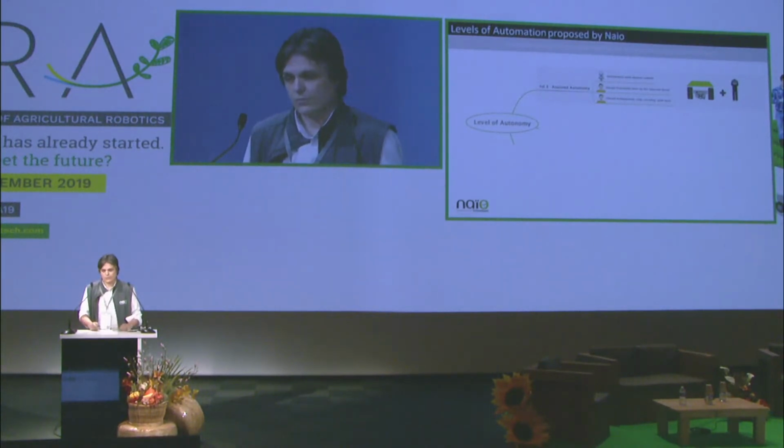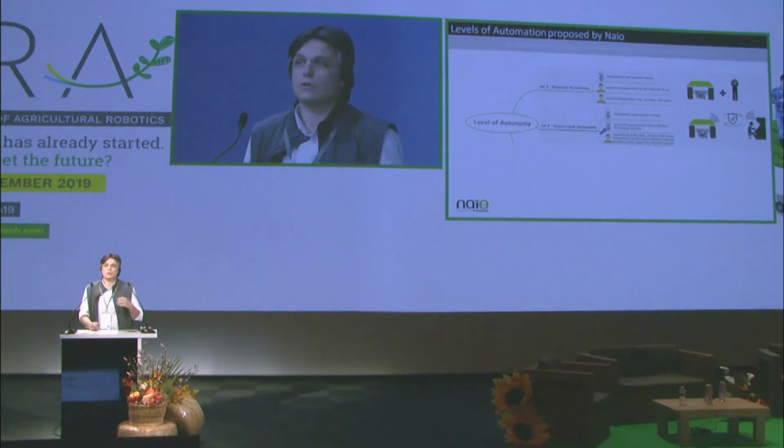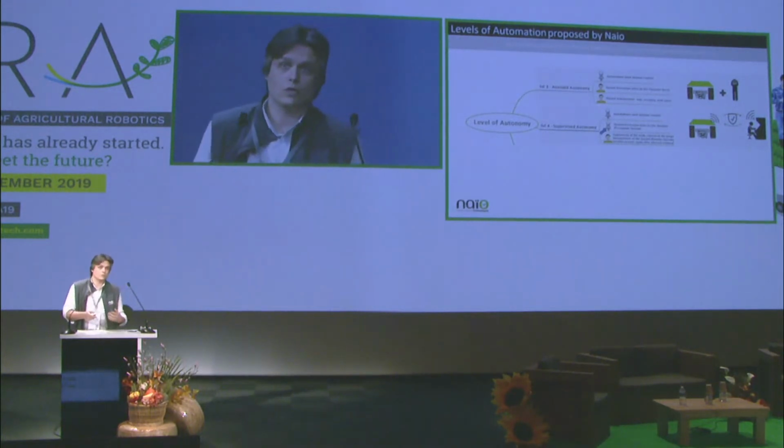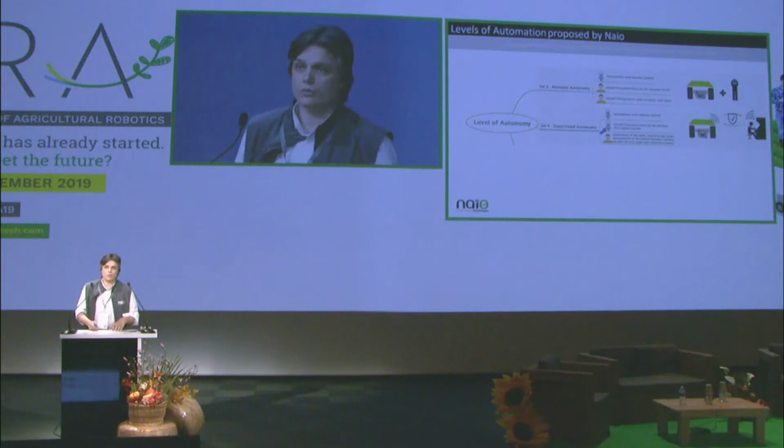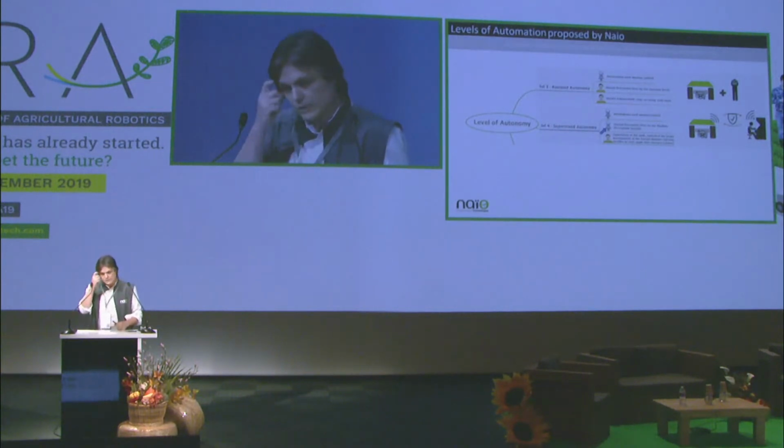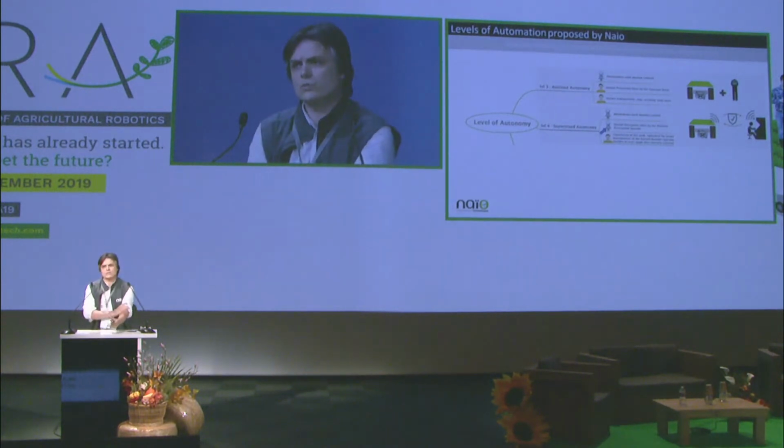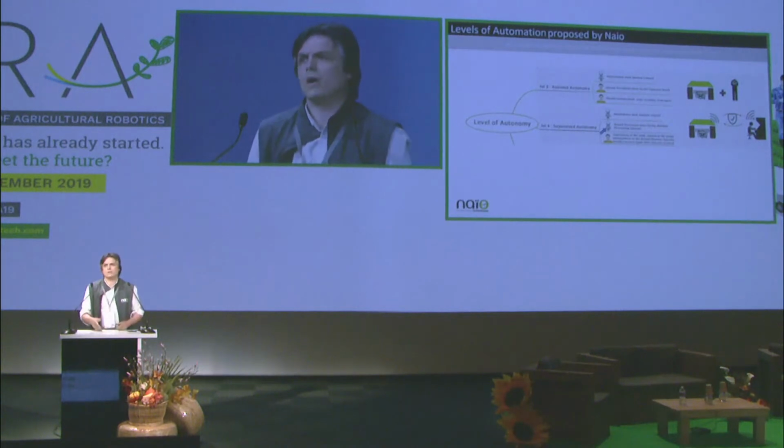At level 4, you are going to introduce a perception system on your machine. In that case, your machine is able to sense the neighborhood around it, and it is also able to send a signal to the human or to a superior system that there is an obstacle.